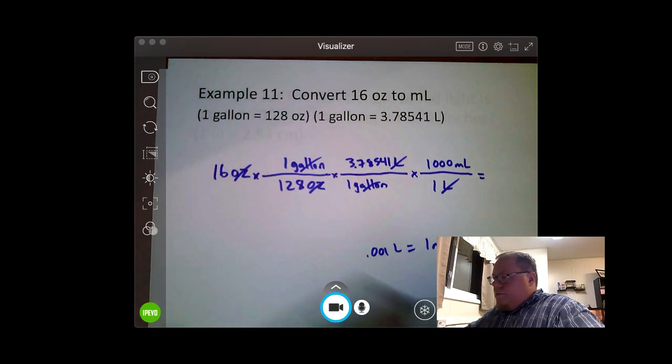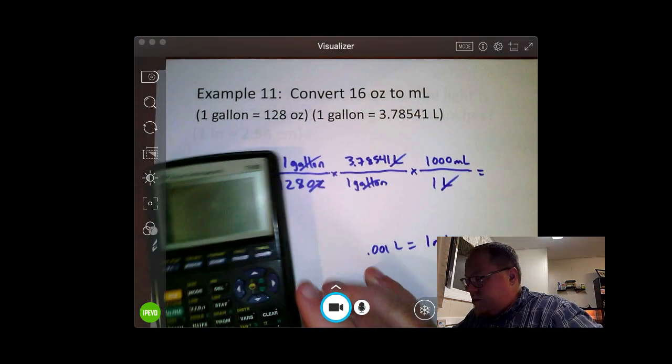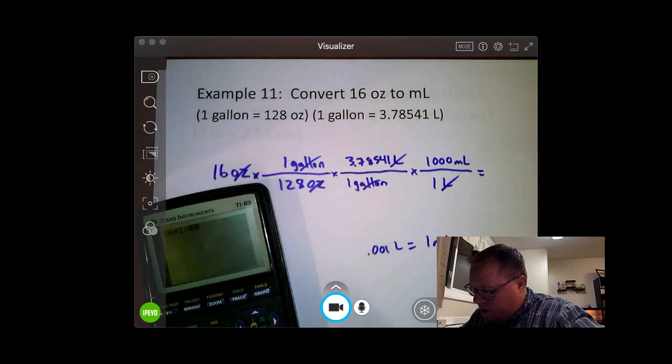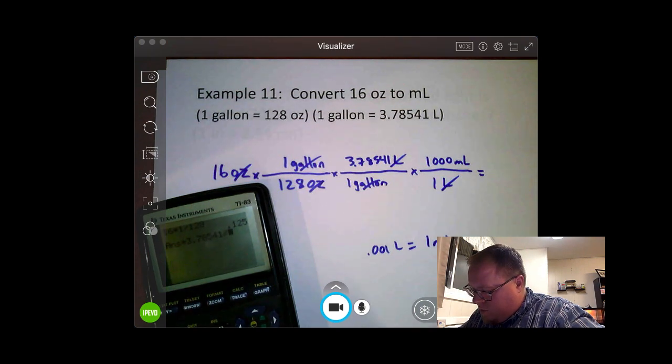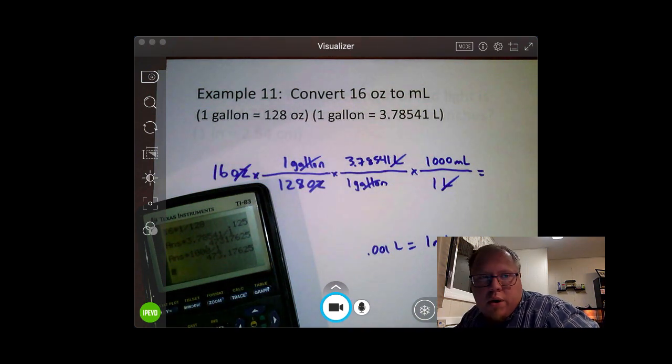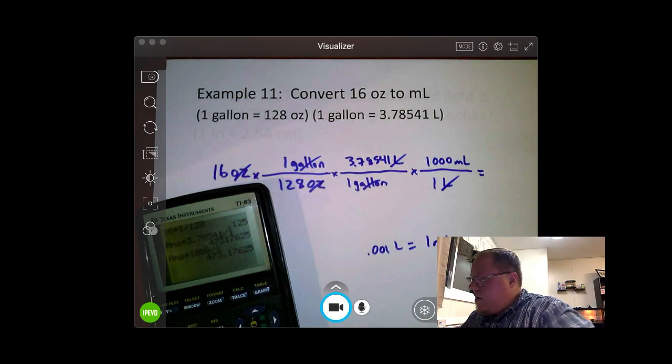Calculator. 16 times 1 divided by 128 times 3.78541 over 1 times 1,000 over 1 equals 473.17625.